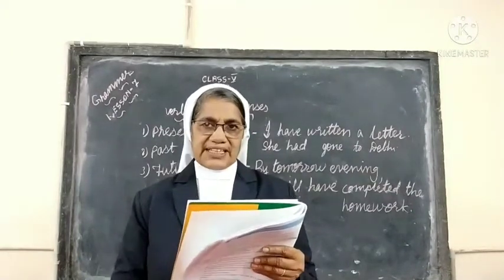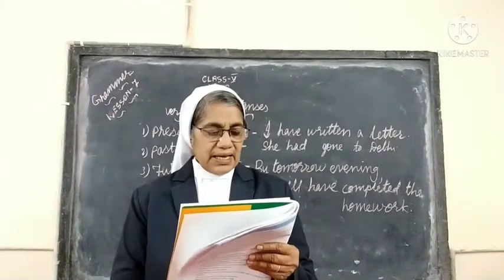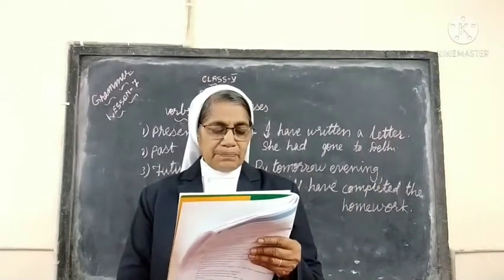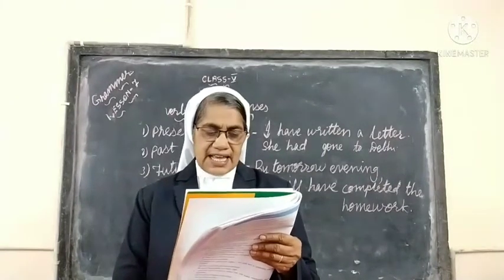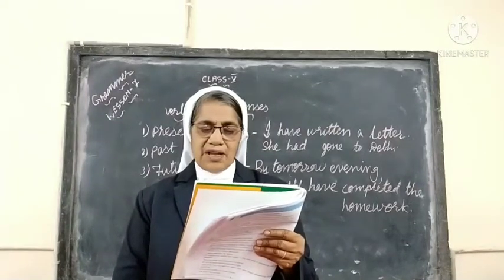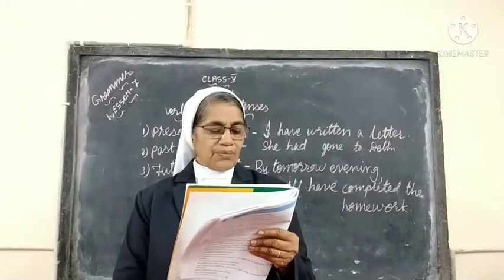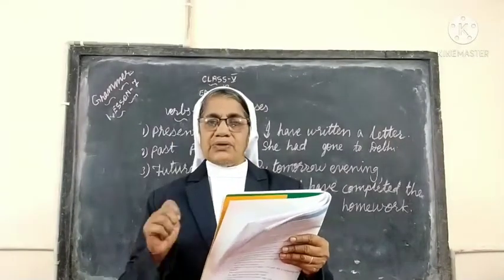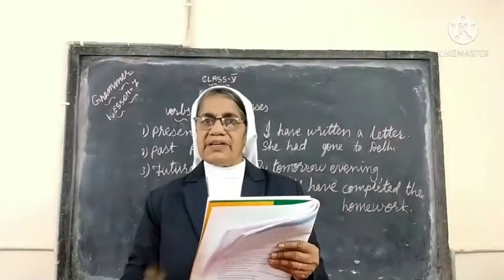Now future perfect tense. The future perfect tense takes the form will or shall plus have plus past participle form of the verb. We use shall with I and we.